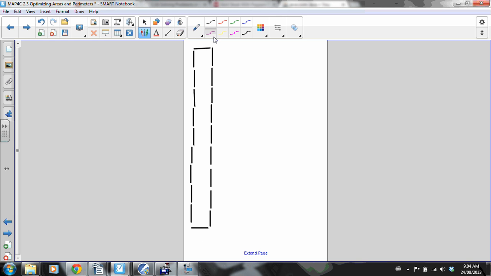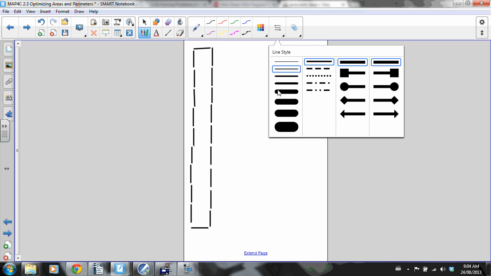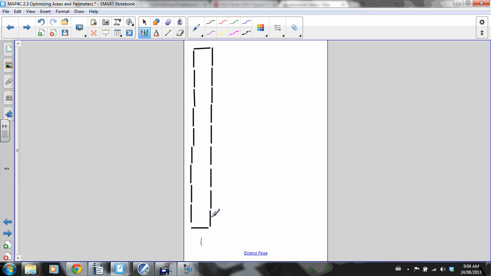That's a width of 1 and a length of 1, 2, 3, 4, 5, 6, 7, 8, 9. Notice that this makes sense because we had 20 altogether: 1 there, 9 there, 1 and 9 makes 10, and halfway around the perimeter of 20 is 10.